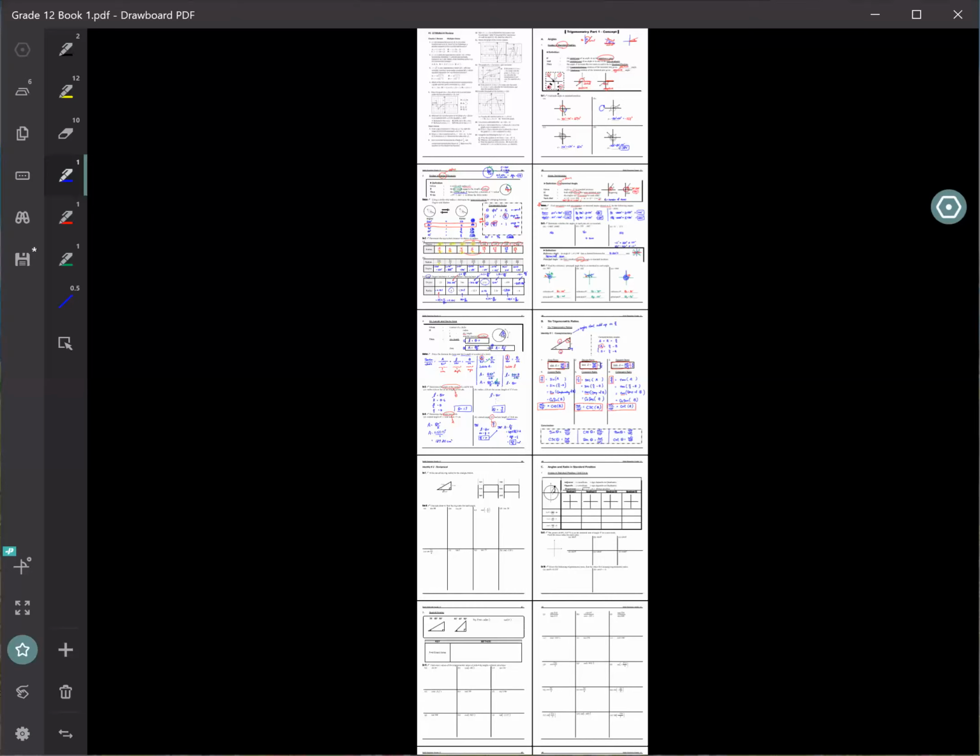Secant is hypotenuse over adjacent, and cotangent is adjacent over opposite. Very good. Trudy. Cosecant is hypotenuse over opposite. Secant is hypotenuse over adjacent. Cotangent is adjacent over opposite.